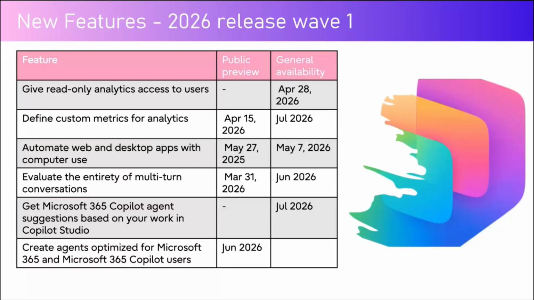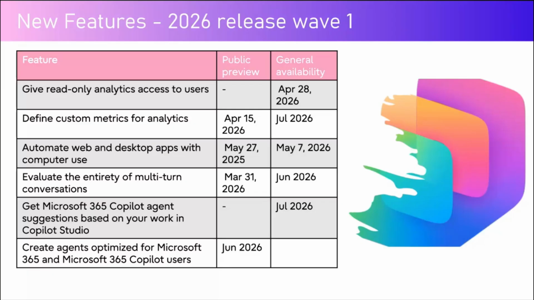The next one is also related to Microsoft 365. That is creating agents optimized for M365 Copilot users. That one is going to use new knowledge types like people, Teams messages, and Exchange inboxes alongside the visual creator and code interpreter.